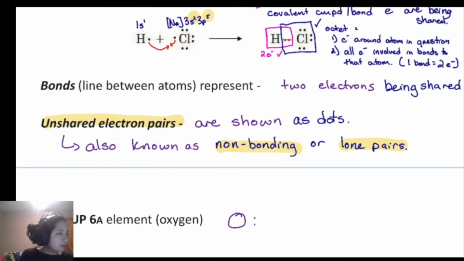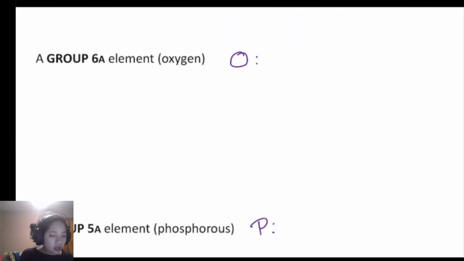Okay, so let's go through some examples of fulfilling octets with different elements and how we would go about that. Here's how I would approach a question like this. We have the element oxygen. You might be asked: I have oxygen and hydrogen, draw the Lewis structure of the most preferred molecule containing oxygen and hydrogen. I would look at oxygen.